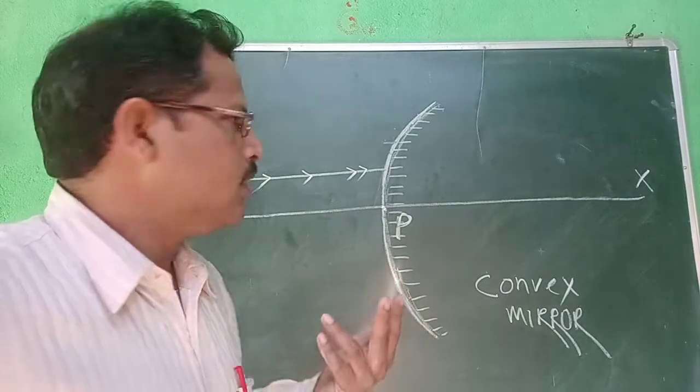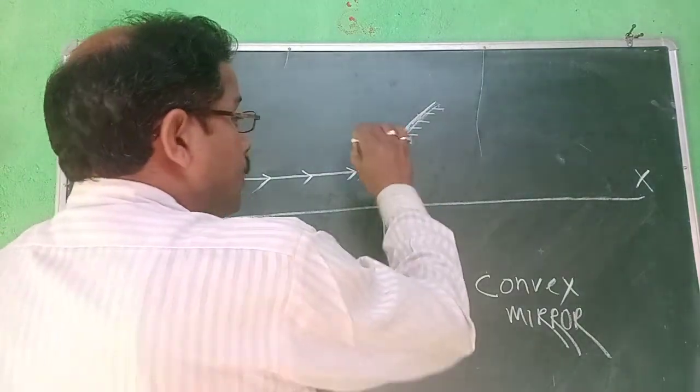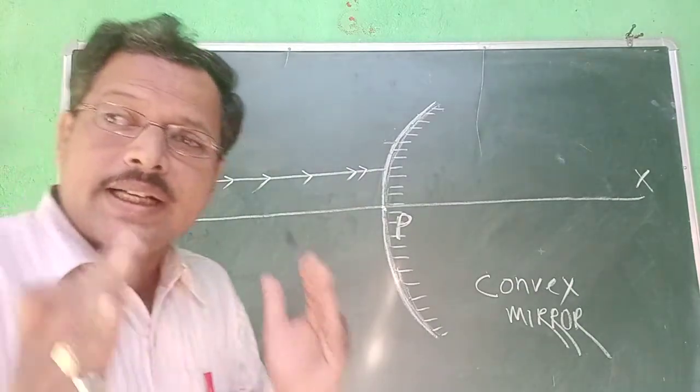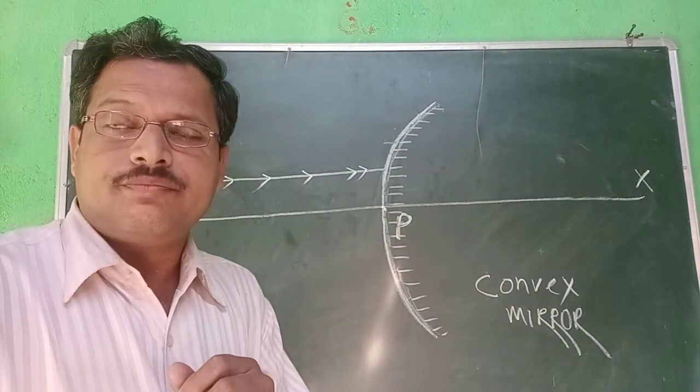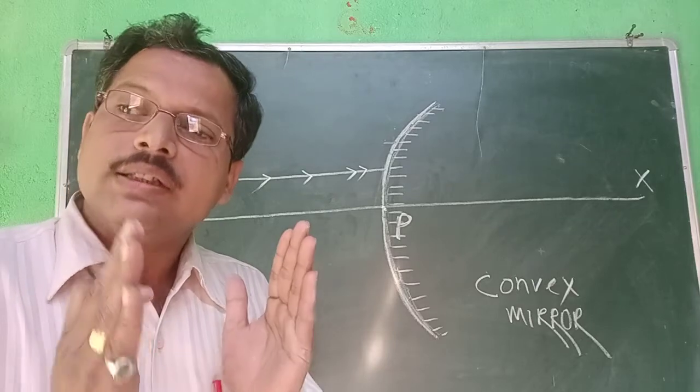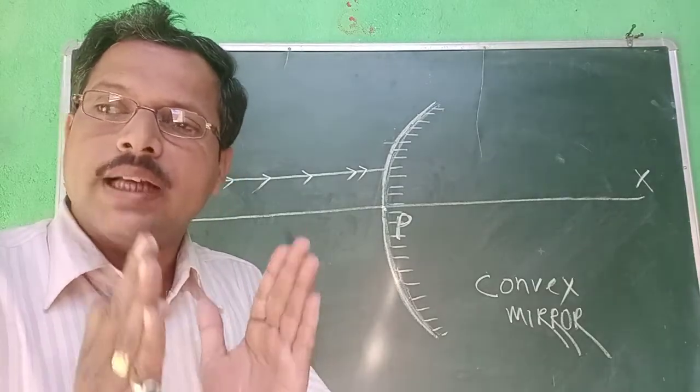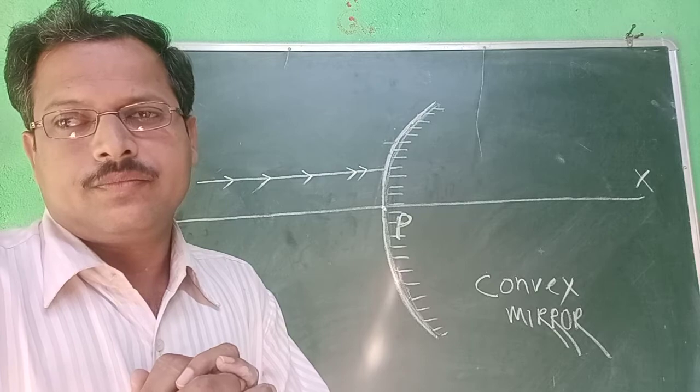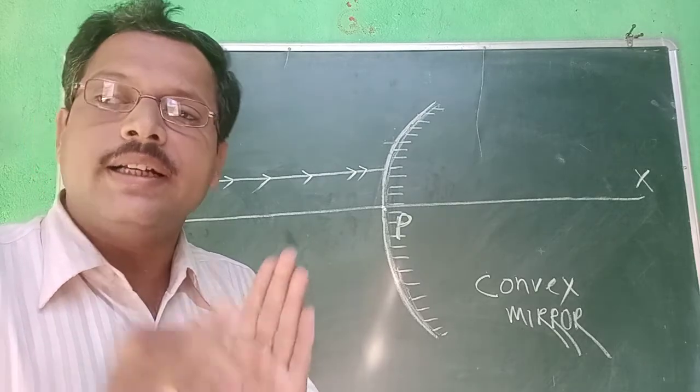Obviously, it will diverge. But what should be the direction of the diverging ray, the reflected ray?